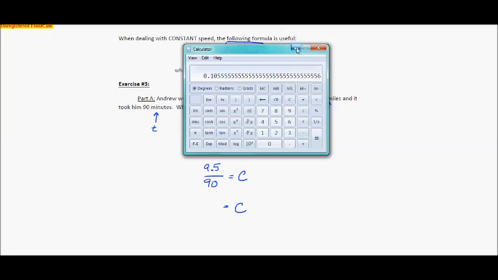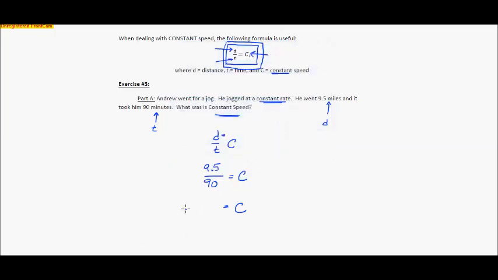That's going to be 0.1. And let's make sure we put in the units. The units they gave us was miles for distance and minutes for time. Alright, so this is going to be 0.1 miles per minute because I divided the two and got 0.1.